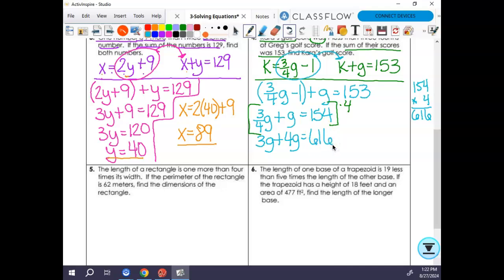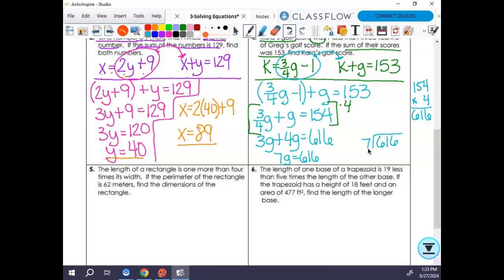Everybody okay with that? What's 3G plus 4G? 7G is equal to 616. And we're like, well, this is a big number. I don't know if it's divisible by 7, and I hope so because I'm pretty sure my golf score has to be a whole number, right? So then we also would have to just do old school division, right?